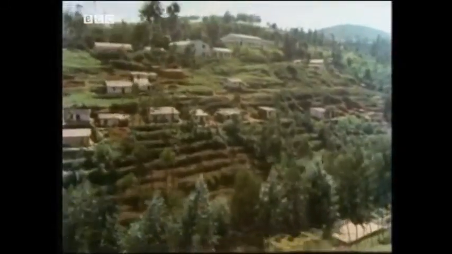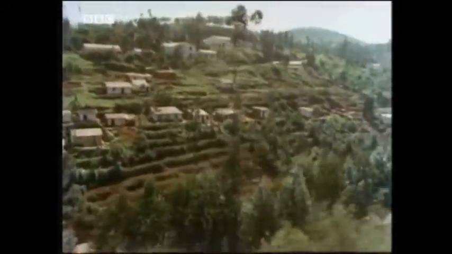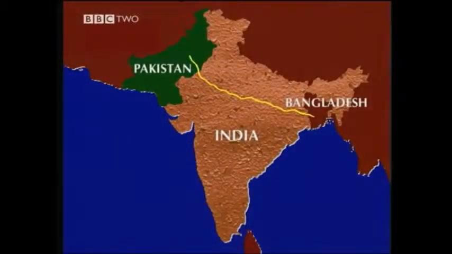Imagine you were travelling by train through cities, towns and villages from West Punjab in Pakistan, eastwards through northern India, all the way down to Calcutta in West Bengal and then on to Dhaka, the capital of Bangladesh.